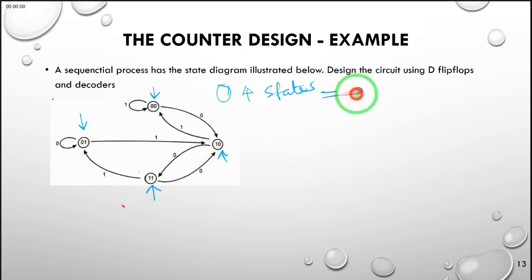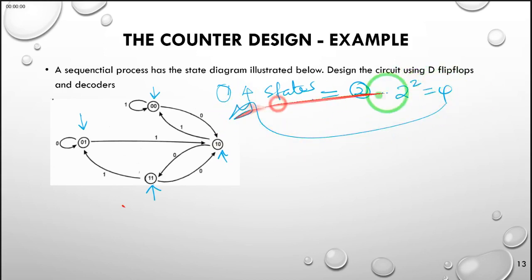The next step is to determine the number of flip-flops required, because one state of a sequential process is represented by one flip-flop. With four states, 2 to the power 2 equals 4, and therefore the number of flip-flops required is 2.